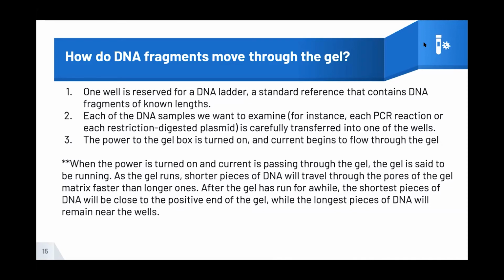And one well you will reserve for a standard that contains DNA fragments of known lengths. And because logically shorter pieces of DNA will travel faster, that's how you can distinguish the fragments of DNA.